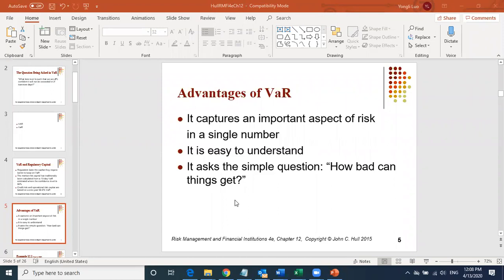For example, in the past several weeks we have seen the U.S. stock market indexes, NASDAQ and S&P 500, drop hugely.